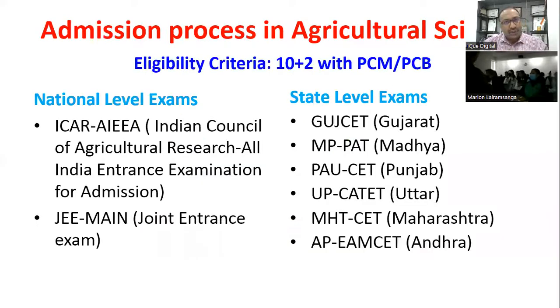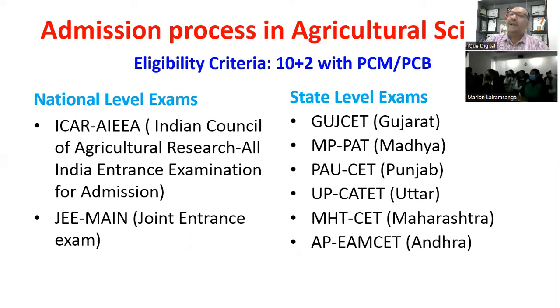Looking at the entry procedure, the eligibility is 10 plus 2, either with a physics, chemistry, mathematics, or with a physics, chemistry, biology combination. In India, at national level, to get into a BSc program, there is an exam which is conducted by ICAR, known as AIEEA. And for BTech, one has to appear for the JEE Main entrance exam.